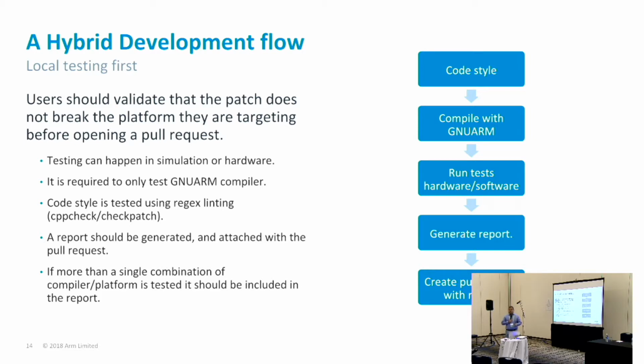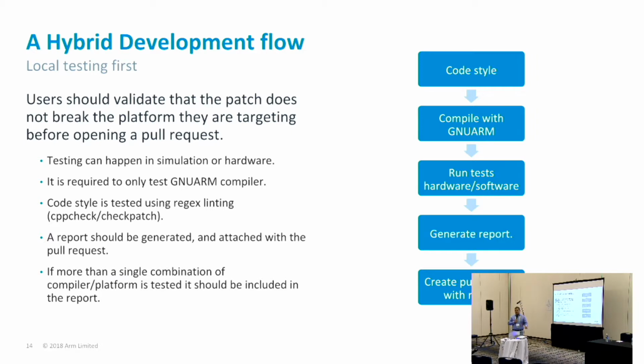And you should be required to test the GCC compiler, but no limitation of you performing more than the bare minimum tests. If you want to test GCC compiler and ARM-C-Lang, you can do so. If you want to test in live hardware as well as simulation, you can do so.